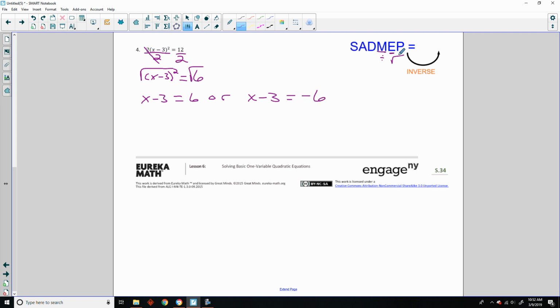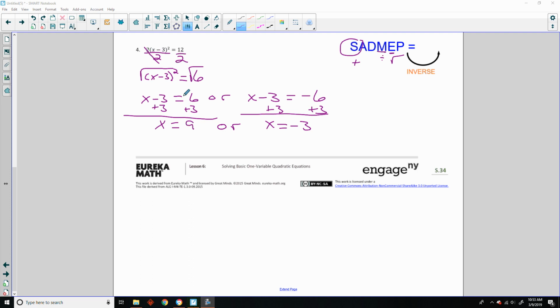Now I have subtraction, and I'm going to add 3 to both sides here. The 3's cancel, and I'm left with x equals 9, or I add 3 here and here, and these cancel, and x equals negative 3. So the answer is 9 or negative 3.